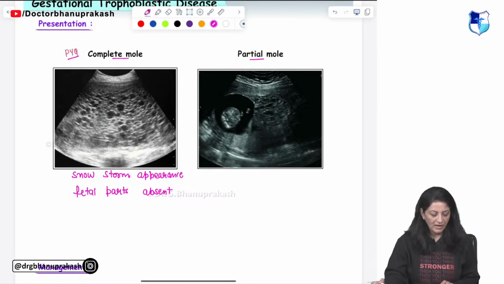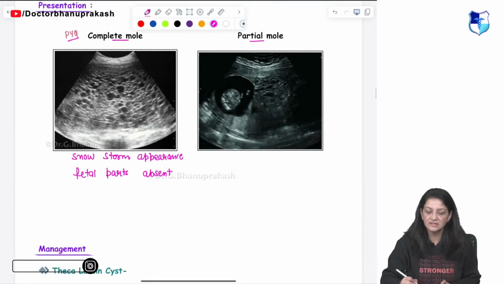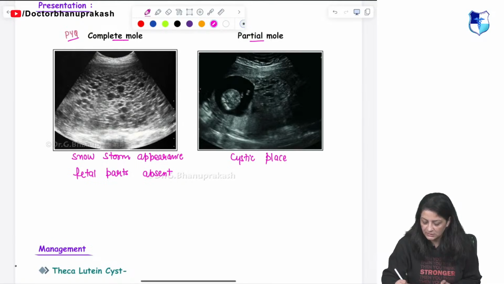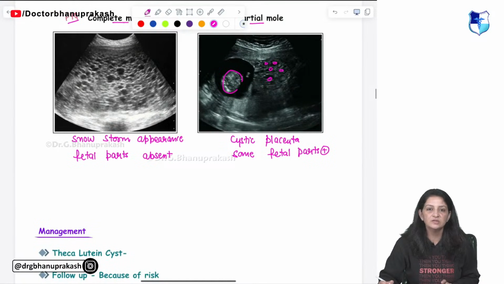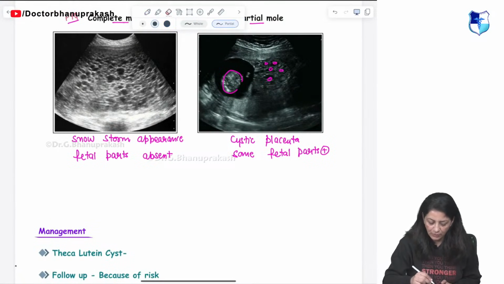So in case of partial mole, you will see cystic placenta. So this is a cystic placenta, some fetal parts present. So sometimes diagnosed as a missed abortion.